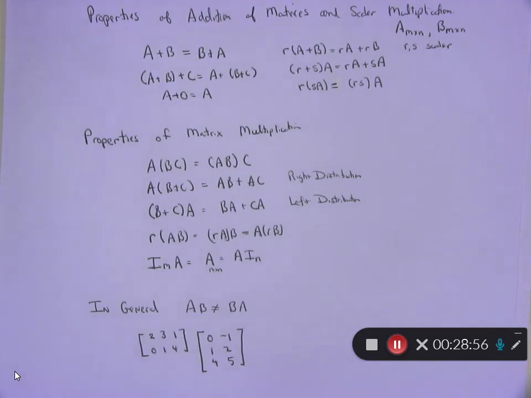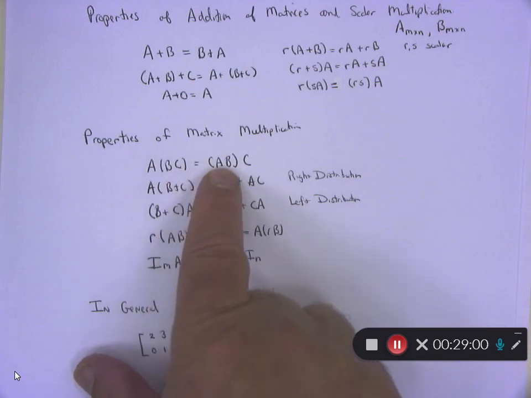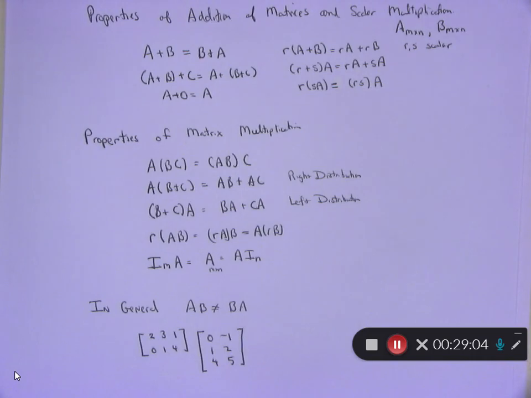But if you have that, then (A times B) times C is the same thing as A times (B times C). Again, associativity. I can move parentheses around this multiplication. It doesn't matter what order, as long as you can multiply the matrices, they're the right size. It doesn't matter what order you take these things in.